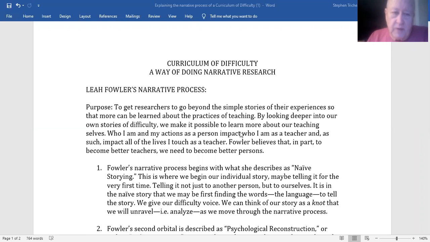So Leo Fowler's narrative process. The purpose of the process is to get researchers, and I consider all of you potential researchers. You're in a graduate program, you'll be doing some type of research or clinical work as your capstone. And most of you, if you're doing research, will be doing quantitative research. Many of you work with numbers, not qualitative, where you work more directly with people.